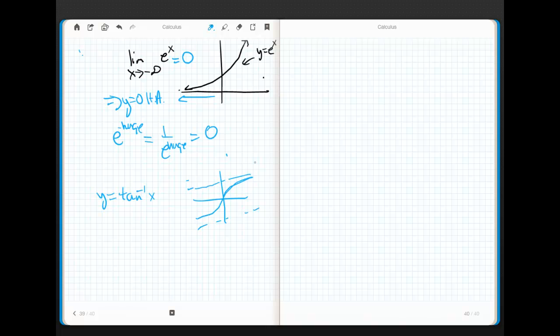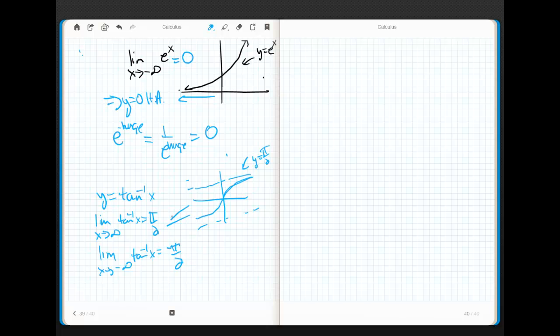These aren't so horizontal, bear with me. y equals pi halves. Now, because of looking at the graph, I know that the limit as x approaches infinity of arctan of x is equal to pi halves. I also know that the limit as x approaches negative infinity of arctan of x is negative pi halves.